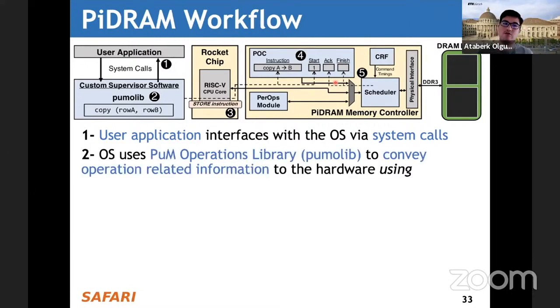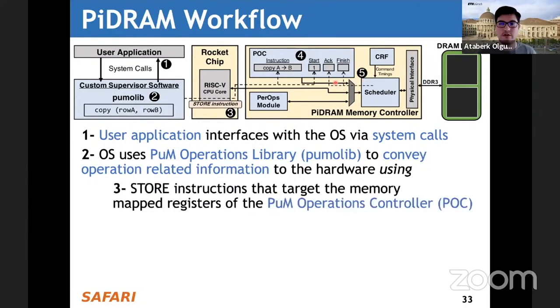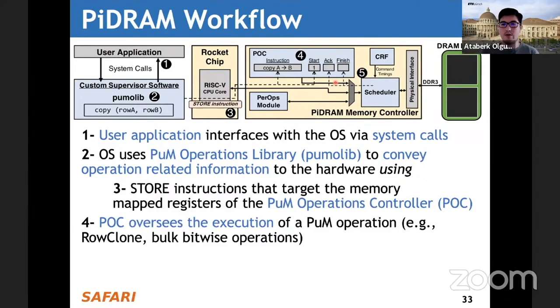And the OS will use the PIMolib functions to convey this information to the POC using store instructions. And then in the fourth step, the PIM operations controller will oversee the execution of a PIM operation. By overseeing, essentially what I mean is just bookkeeping and controlling the execution within the memory controller.